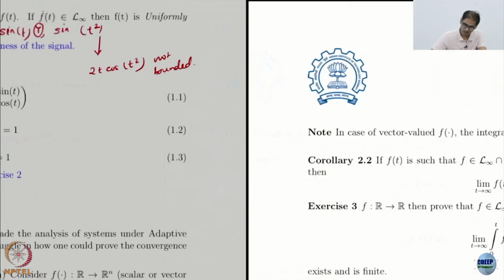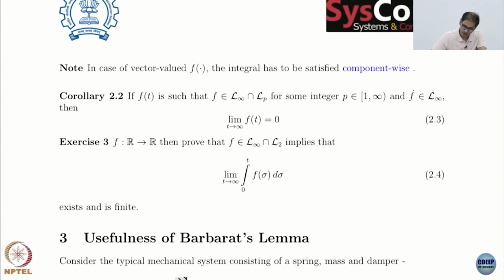There is also a nice note which says that in the case of vector valued functions, the integral condition has to be satisfied component wise. So basically it means that component wise you want the integral to have a finite limit. That is it.